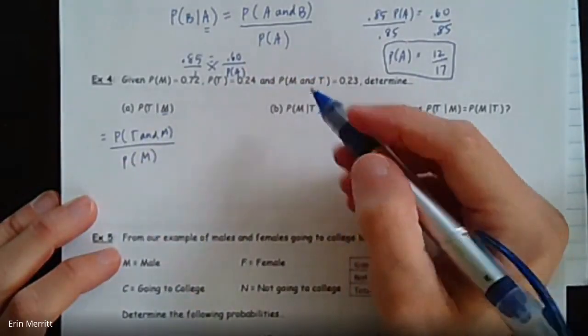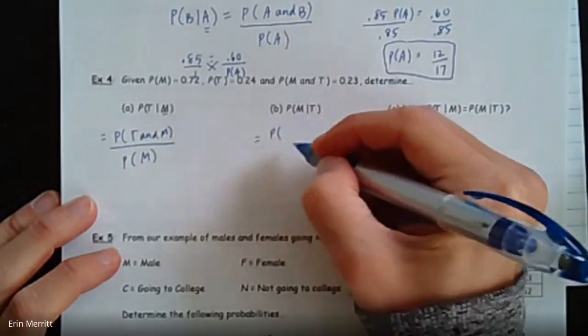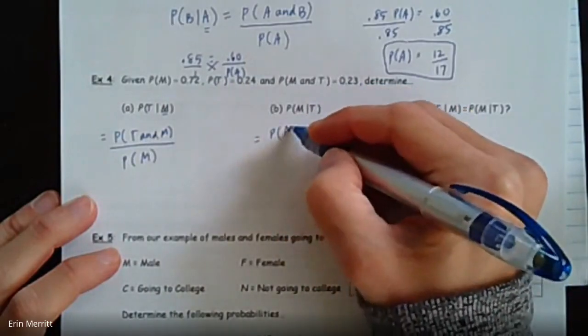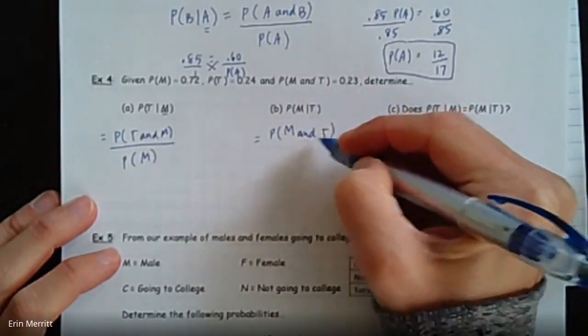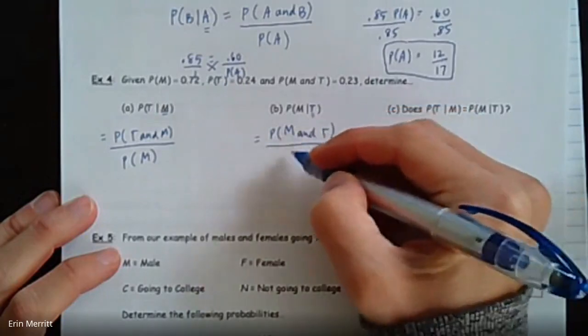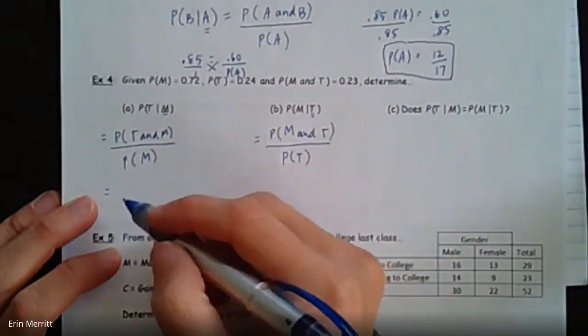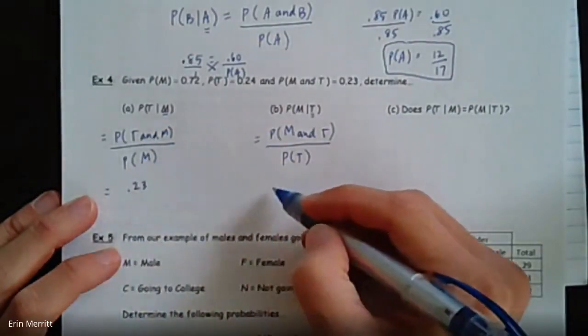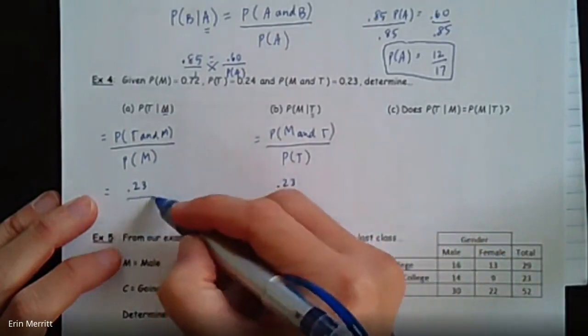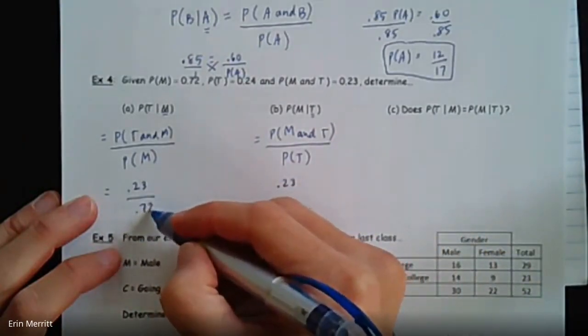Whereas the one next to it, you're going to have the same numerator, because whether you write M and T or T and M, it doesn't matter. But the second piece is the T, so it's going to be over probability of T. All right, let's calculate. That's going to be 0.23 in the numerator for both. In the denominator of the first one is going to go the 0.72.